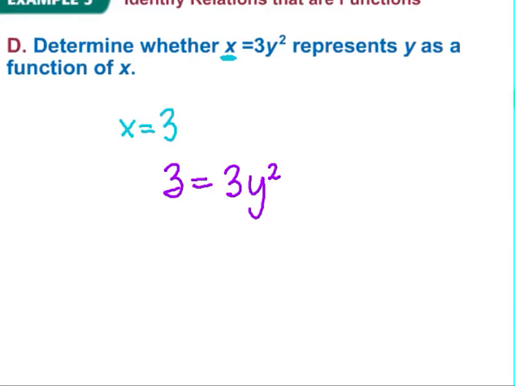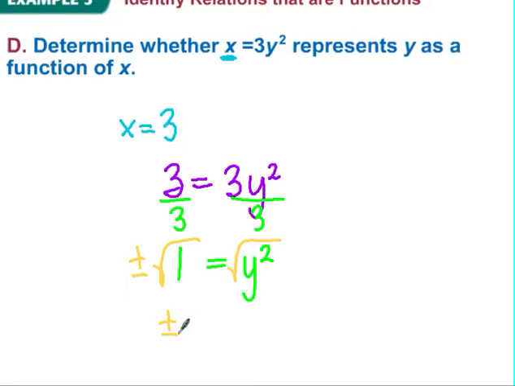Now, why am I doing this? Because I'm going to see if there are 2 y's that go with that x, right? So let's go ahead, what do I do here? Divide by 3. So what do I get? y squared. Okay, what do I do now? Square root. What's the important thing about a square root?